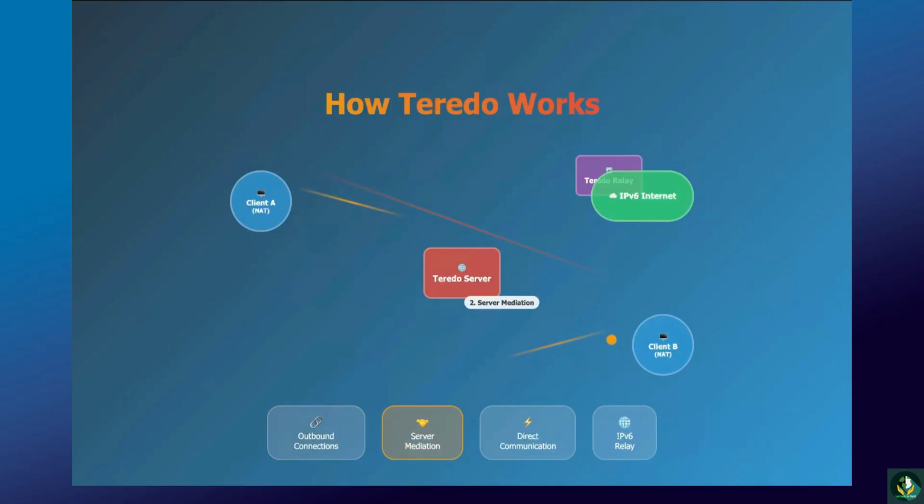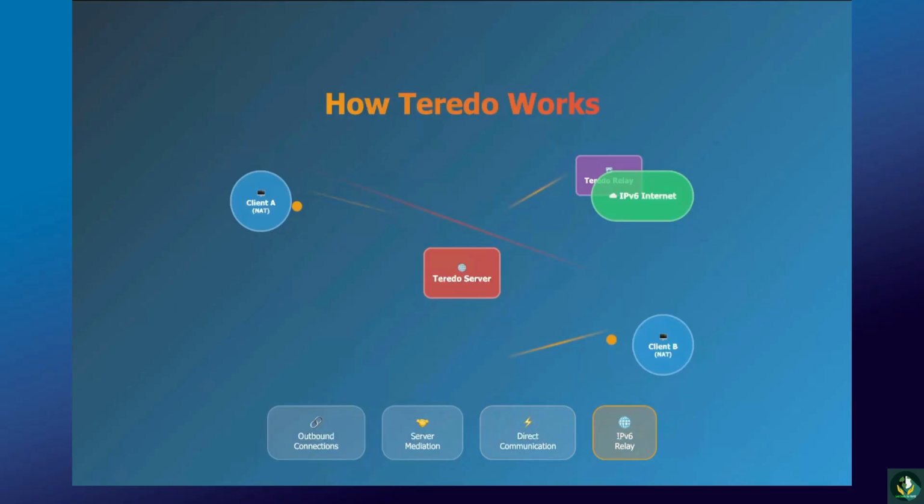Both Teredo clients initiate outbound connections to the Teredo server. This outbound communication bypasses the restrictions imposed by NAT devices, which typically block unsolicited inbound traffic.